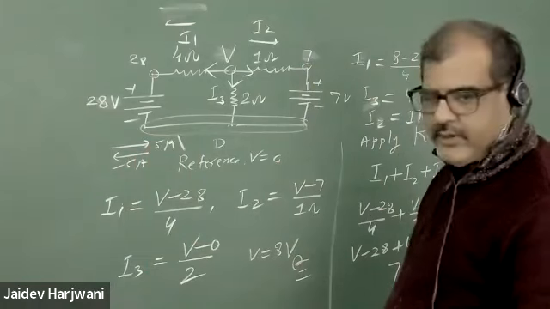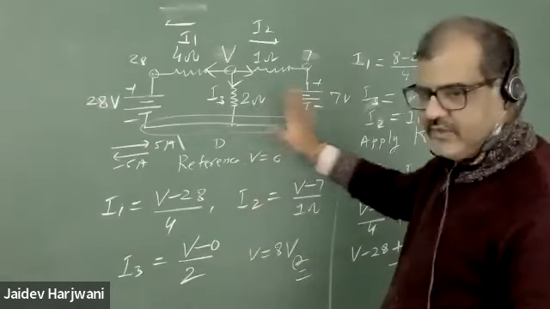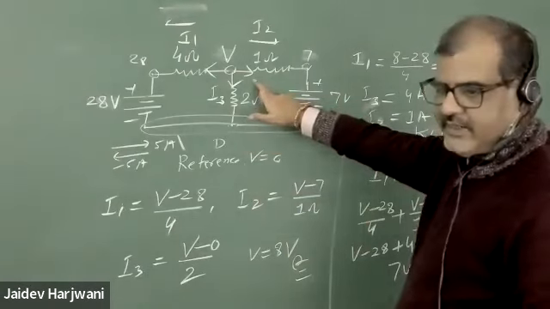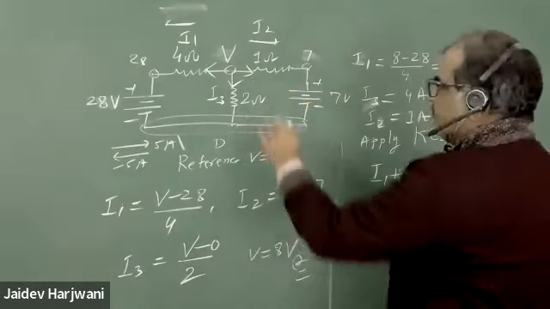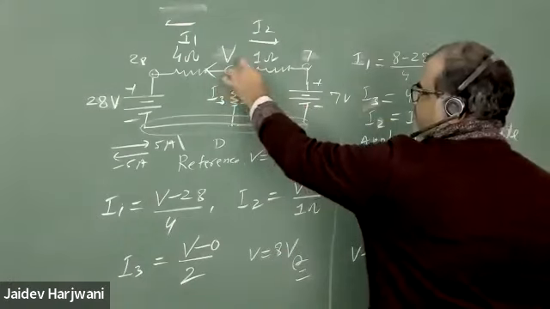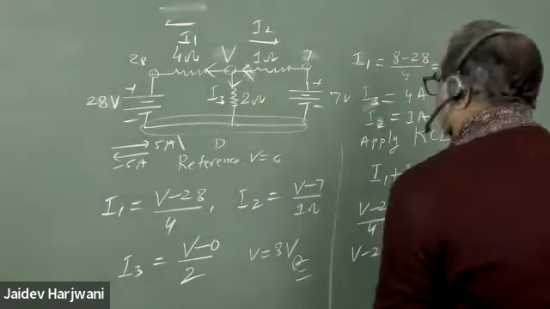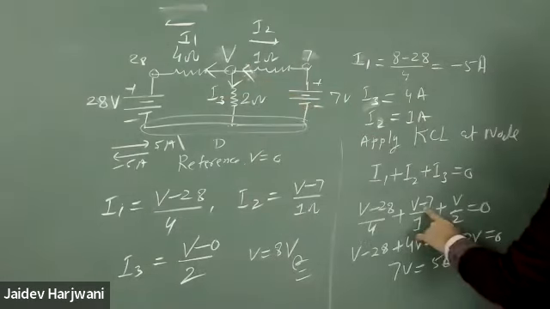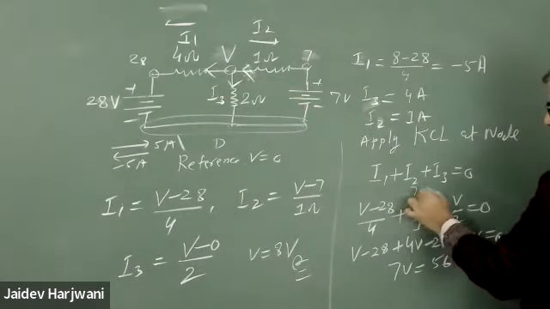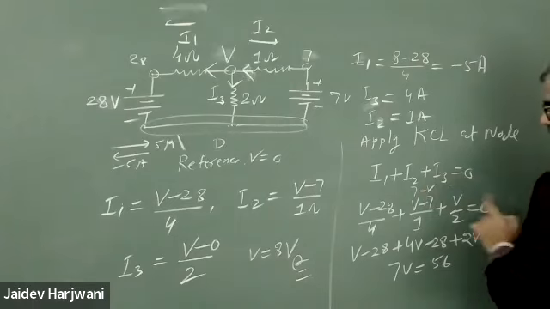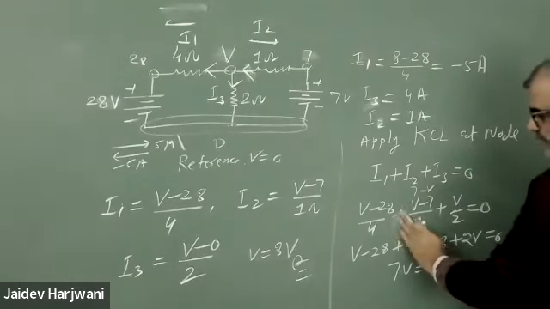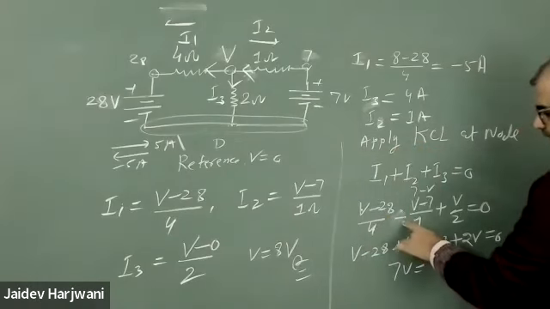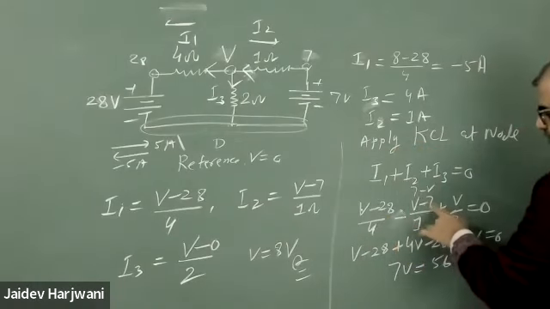I told you everything will be taken care of by KCL. Suppose you want to make this an incoming current. You just make it incoming. Now this equation will change: instead of V minus 7, this becomes 7 minus V. Since I'm taking outgoing current as positive and incoming current as negative, I put a minus here, and again you get V minus 7.